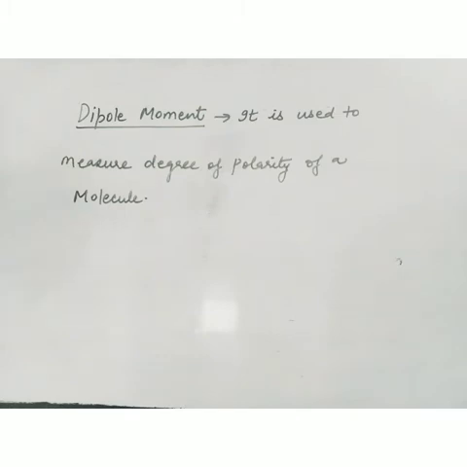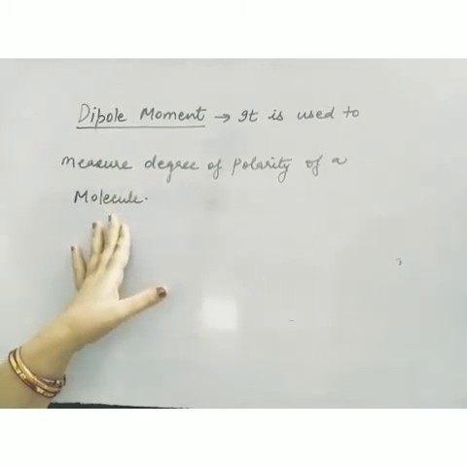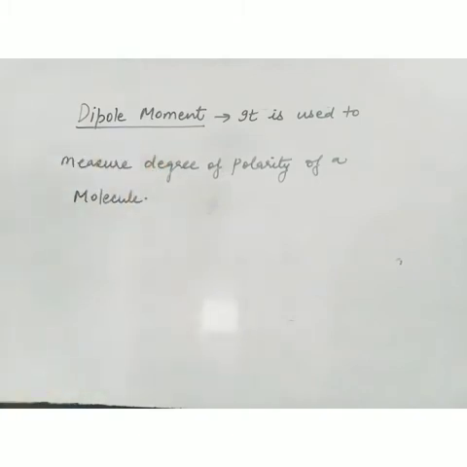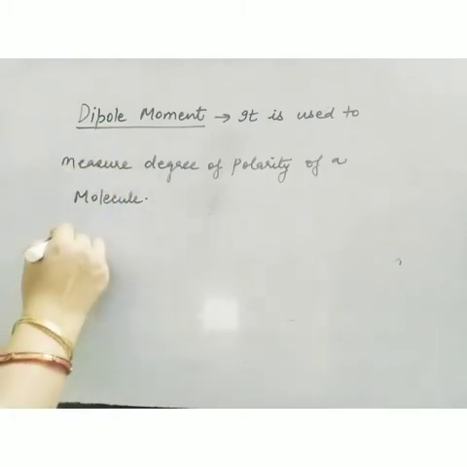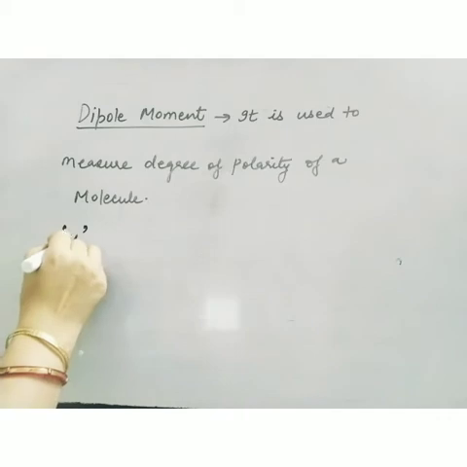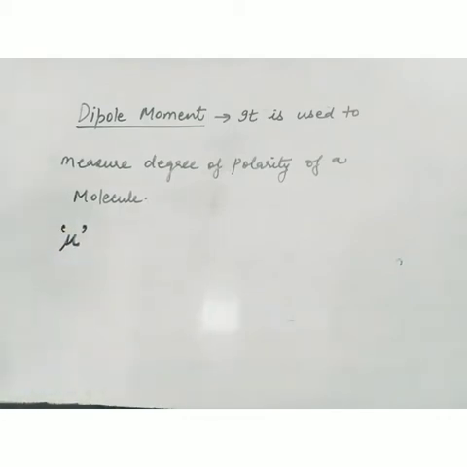So the degree of polarity, or the measure of polarity of a molecule, is denoted by a term known as dipole moment. Dipole, you know, polarity, two poles, and moment means measurement. So it is used to measure the degree of polarity. It is a vector quantity, and this dipole moment is symbolized by mu.